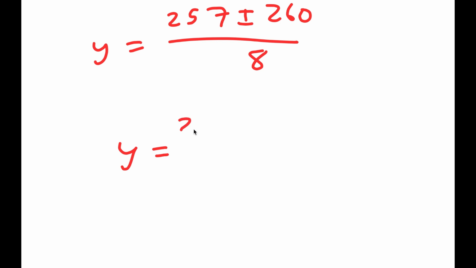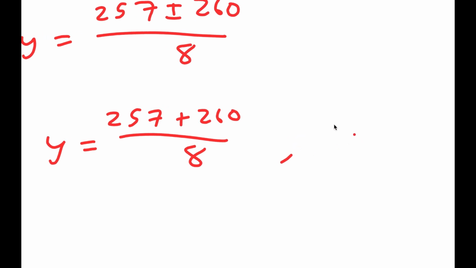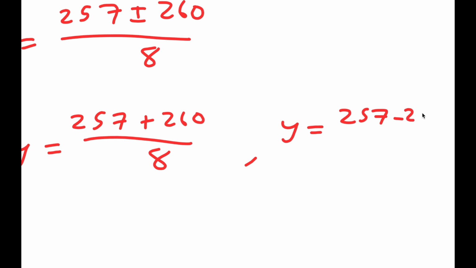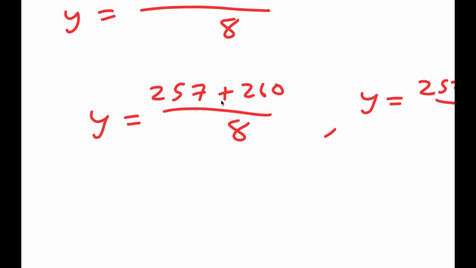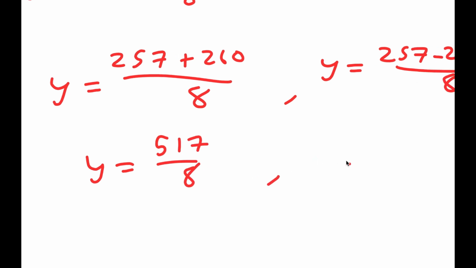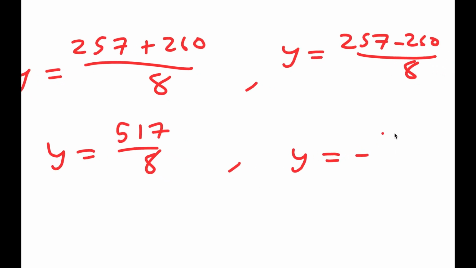So I get y is equal to 257 plus 255 over 8, and y is equal to 257 minus 255 over 8. So I get y is equal to 512 over 8, and y is equal to 2 over 8.